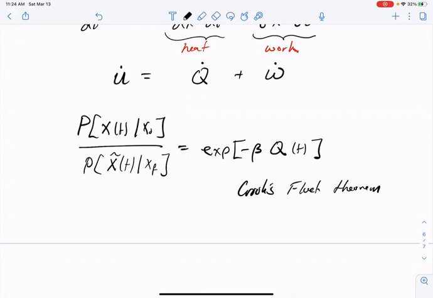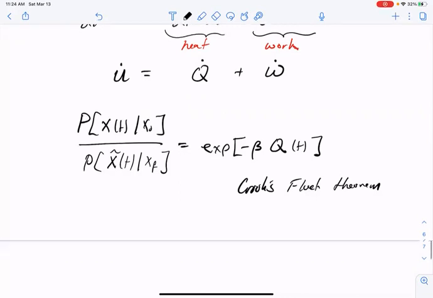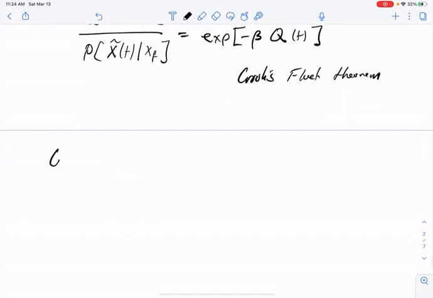Now, this statement, the Crooks fluctuation theorem, in some perspective, is a microscopic statement of the second law. To see that, consider the so-called integrated fluctuation theorem.